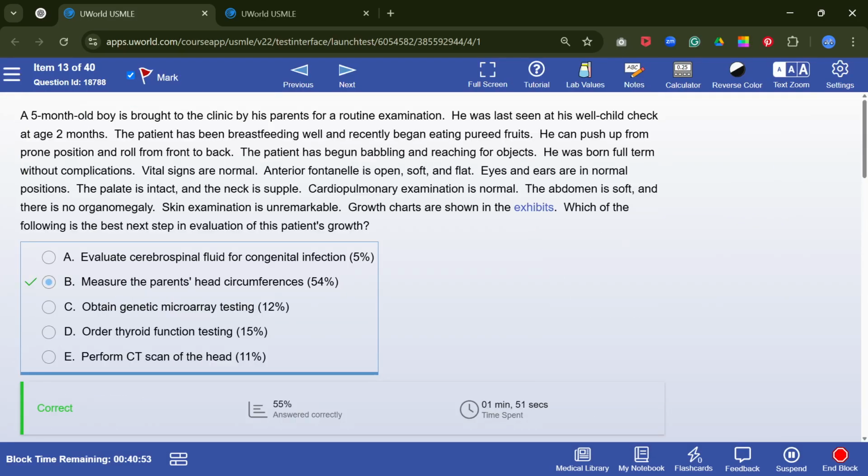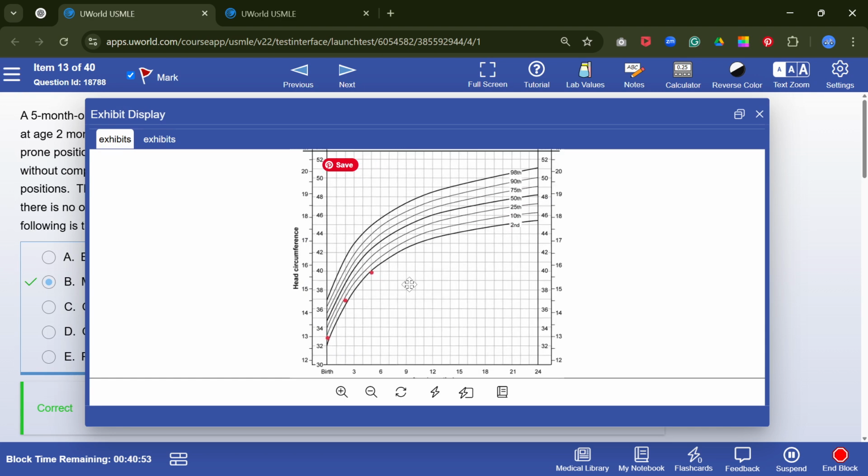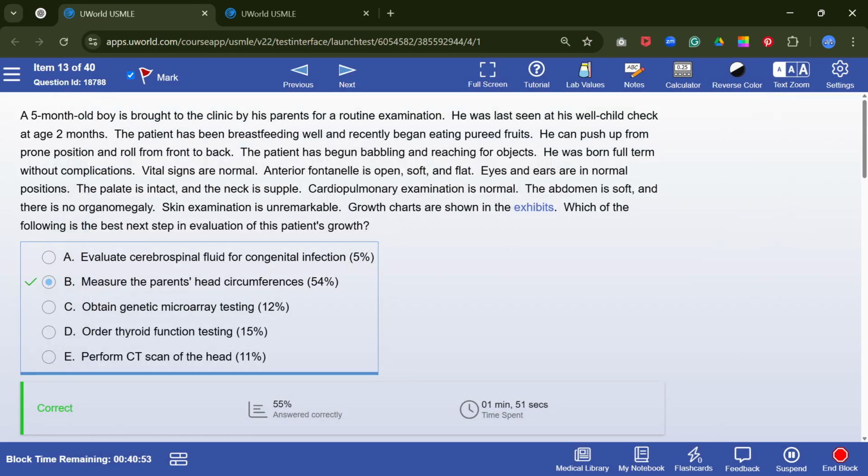But if we look at this question, if we just read this question, this 5-month-old baby has begun babbling. He was born full term without complication.